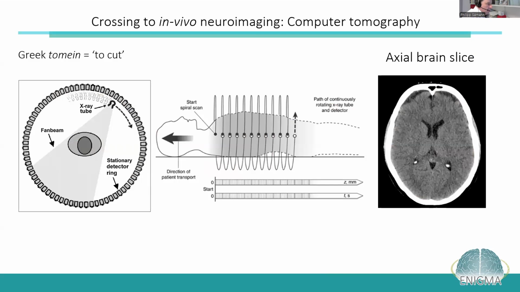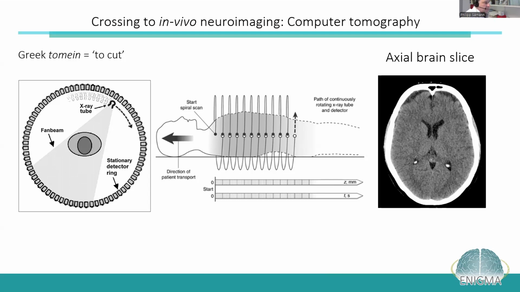One of the earliest slicing techniques that has been developed in radiology is computer tomography. Computer tomography needs X-rays that are sent out and then passing through the specimen or the body and then detected by a detector ring.